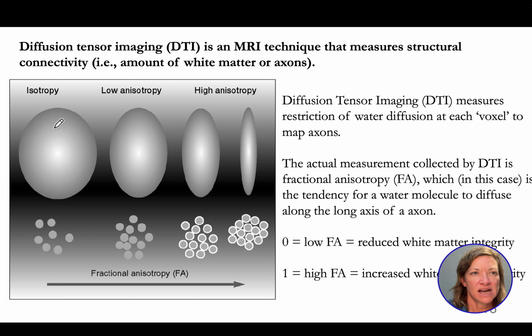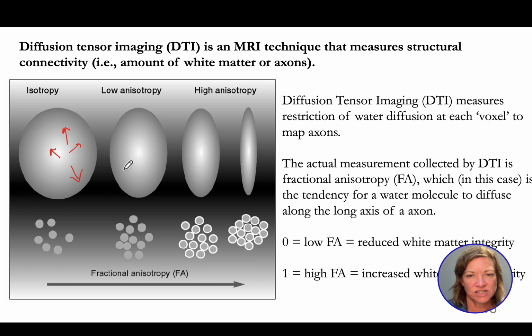So if you had isotropy, you could think of a space as a sphere. So there's no restriction on the direction water molecules diffuse in. They could go anywhere. They're not restricted at all. They're not going to bounce off the walls of that sphere.